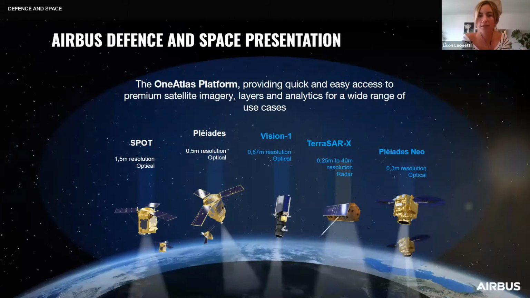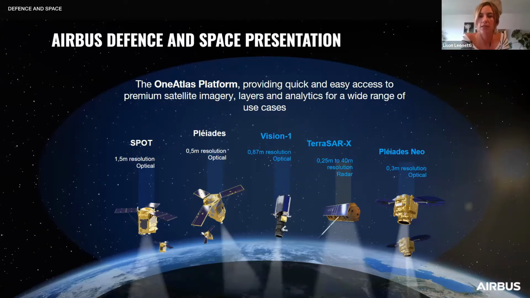You have an example of the satellites we operate on One Atlas, which is a cloud-based platform for accessing satellite imagery. We have SPOT and Pleiades imagery, which are optical sensors, and they acquire imagery ranging from 1.5 meter resolution for SPOT to 50 centimeter resolution for Pleiades.